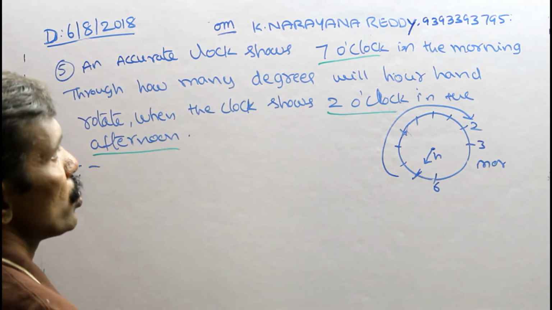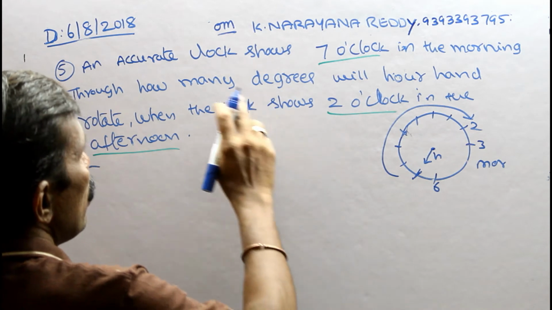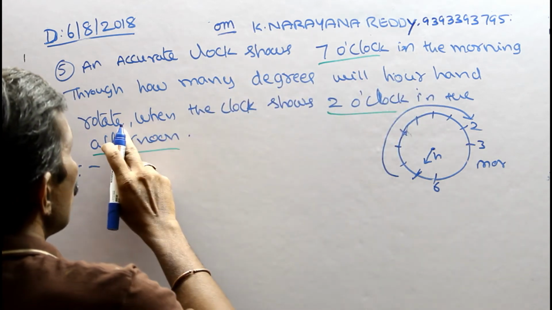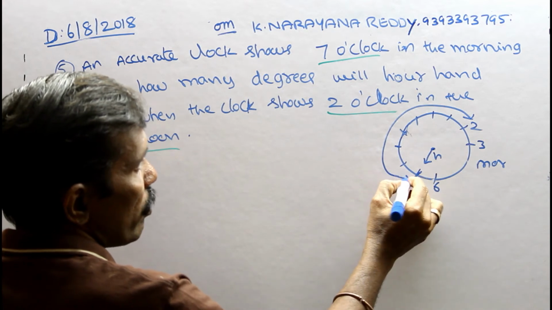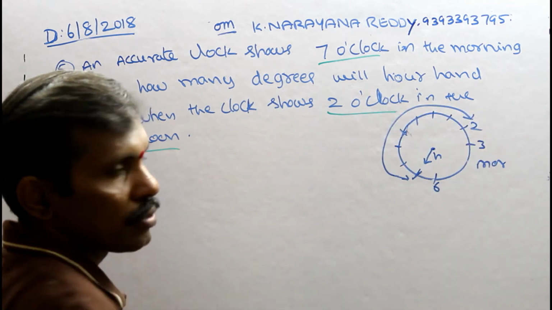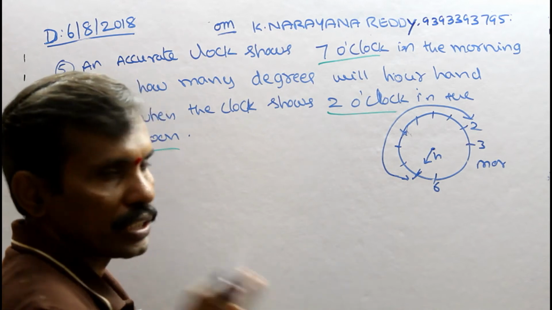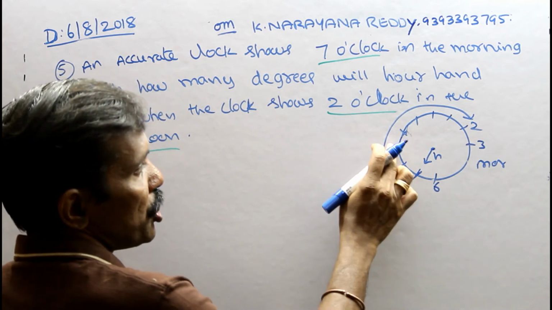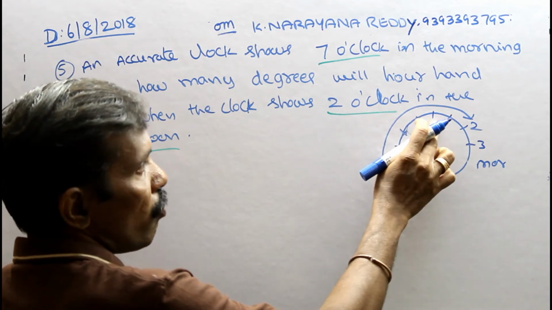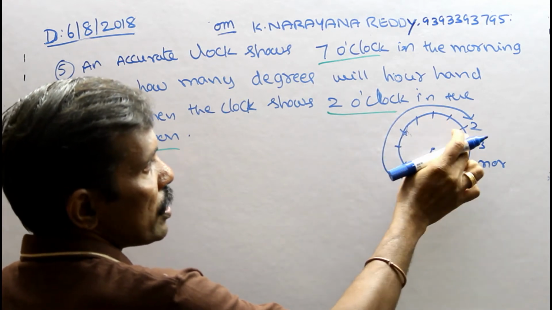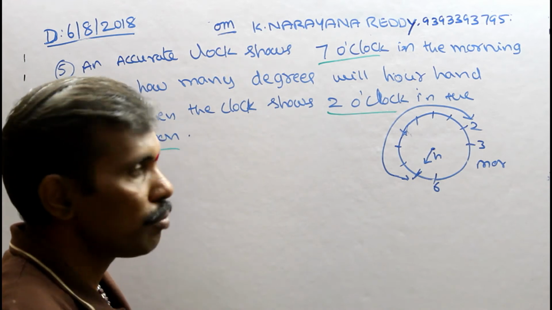The accurate clock shows 7 o'clock in the morning. How many degrees will the hour hand rotate when the clock shows 2 o'clock afternoon? This angle you have to find out, from here to here. Simple logic. 30, 60, 90, 120, 150, 180.